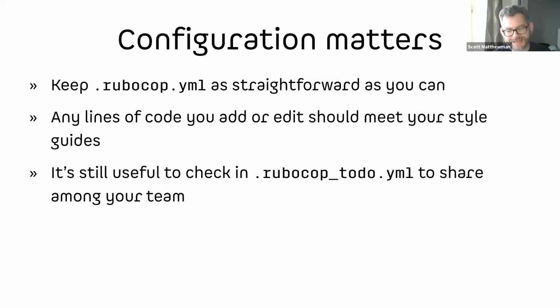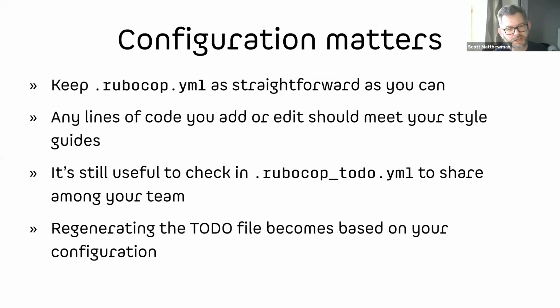But it's still useful to have that to-do file, which basically becomes a list of all the places where your old code doesn't quite meet the rules. And every time you rerun Autogen config, as long as you reverse out using git restore and remove that insertion, the to-do file basically becomes a list of files that don't meet your personal configuration.